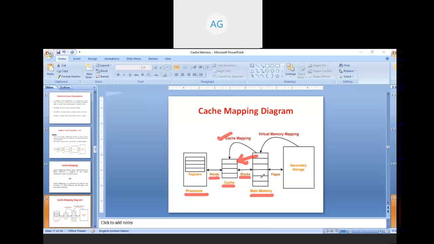In today's topic, we are going to discuss cache mapping, and the next topic of memory organization is virtual memory.